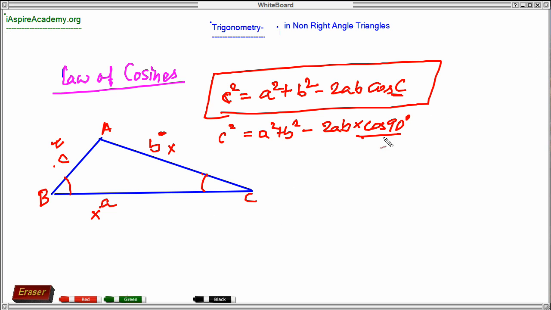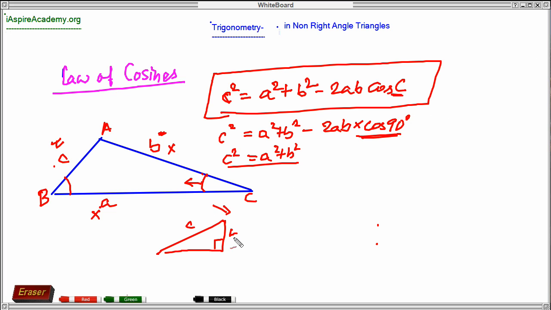Now cosine of 90, as you know, is 0. So A square plus B square. Now if you look carefully, C square almost looks like the Pythagorean theorem. And that's what it is. If C becomes 90 degrees, this triangle would look totally different. Let's say this is 90 degrees. So then the other two sides, C equals B and A.